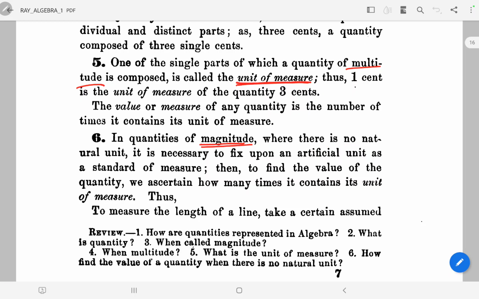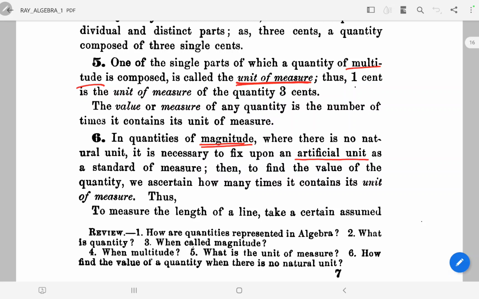How then do we measure a magnitude? In quantities of magnitude, it is necessary to fix upon an artificial unit. And what artificial means is that we can make up a unit.